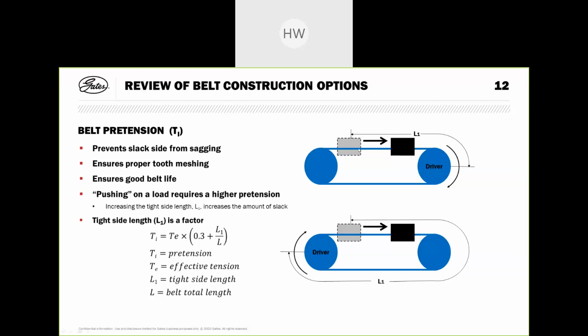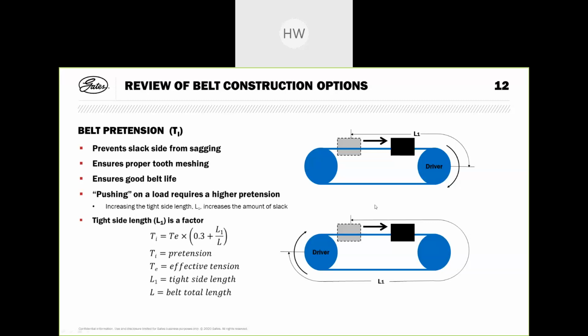And as you can see here, the ratio between the tight side length and the slack side length is in the range of half and half, plus or minus. So the pretension here can be limited, because the slack side length is good enough to assume the elastic elongation of the tight side length.